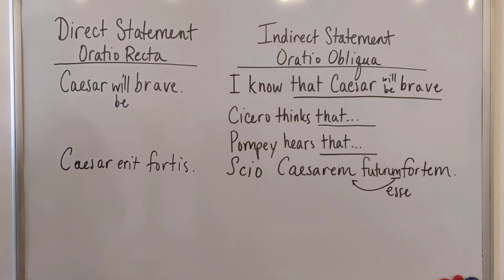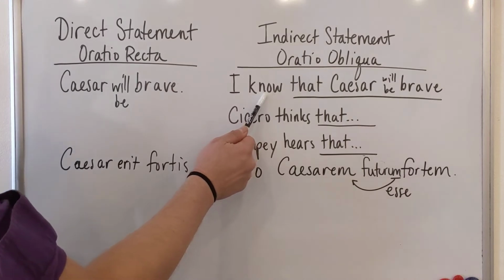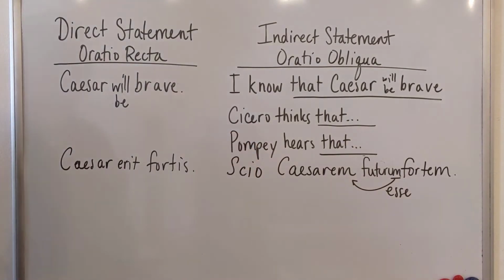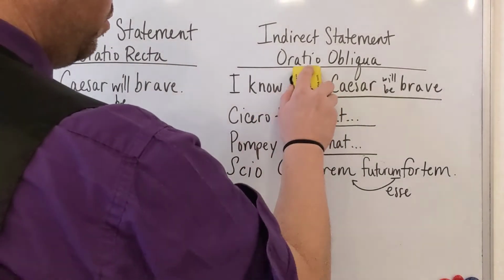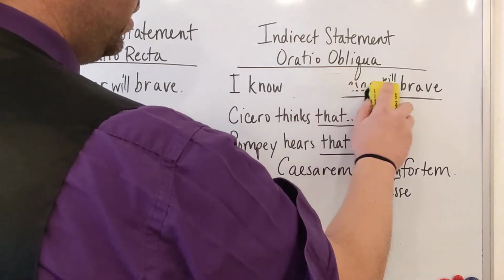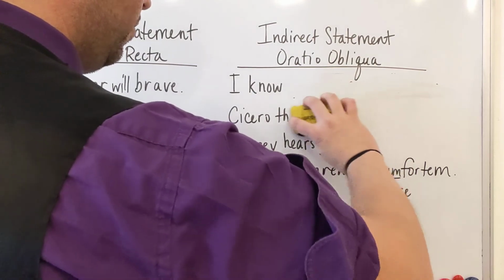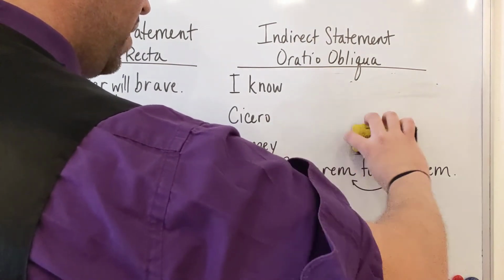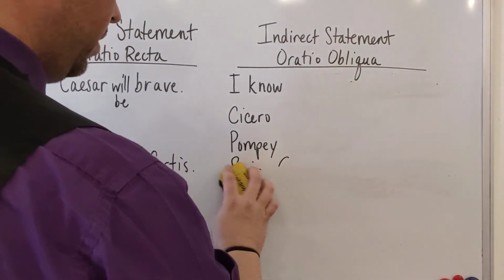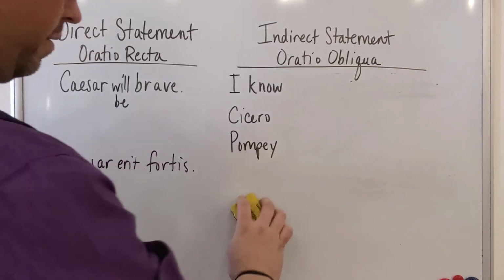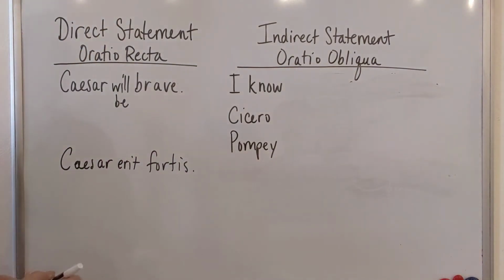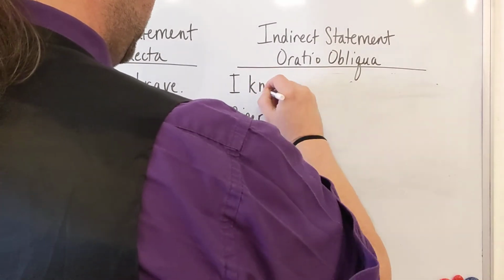Now, what if we change the main verb's tense, the introductory verb's tense? So now we have something like, I knew that Caesar was brave. Cicero thought that Caesar was brave. Pompey heard that Caesar was brave.